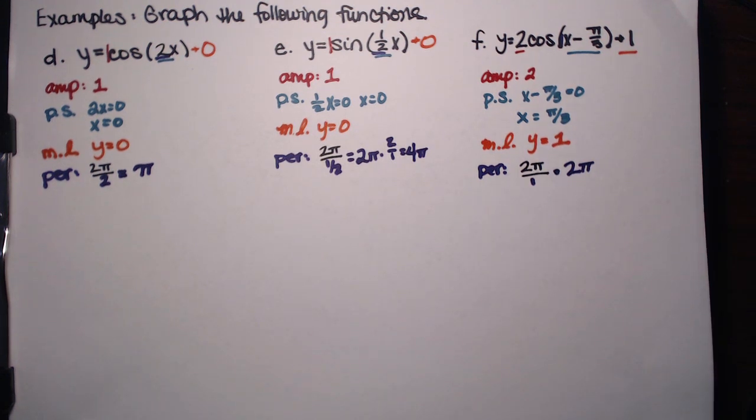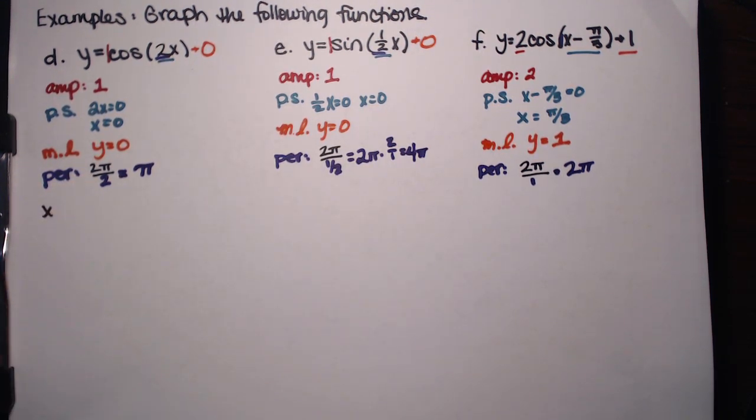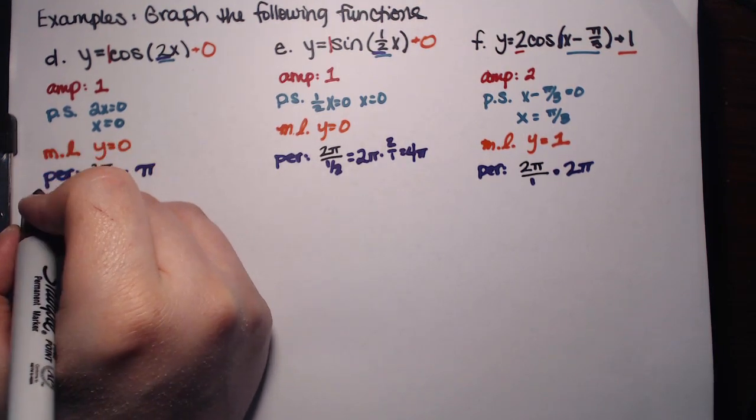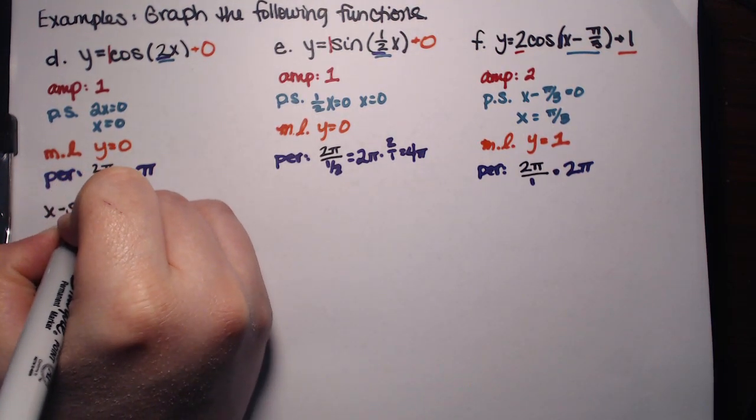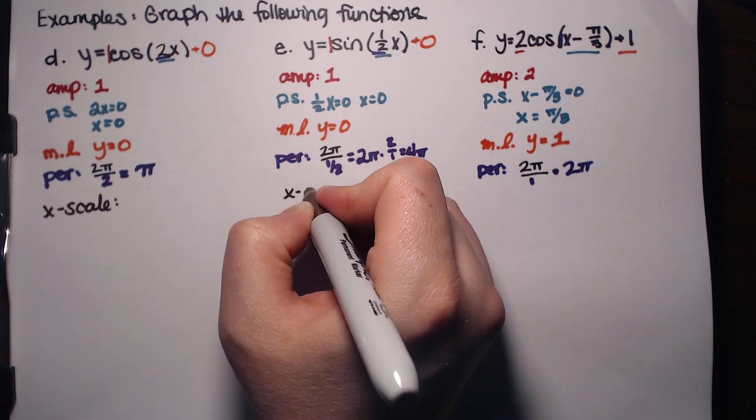Okay, and then we're going to look at the x scale, and that's going to tell us how far we need to go in an x direction to move up or down. So x scale is the period divided by 4.